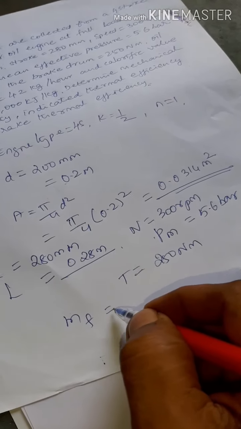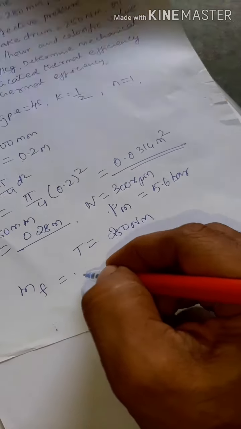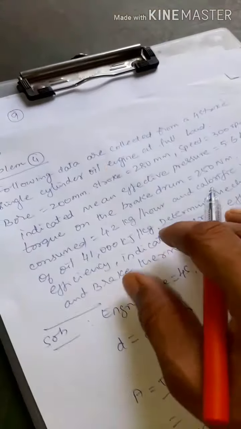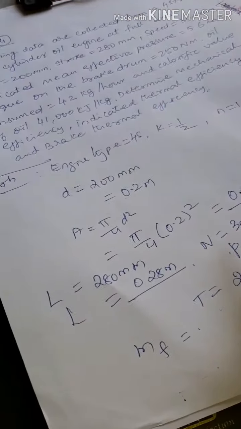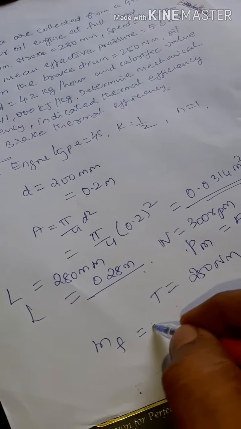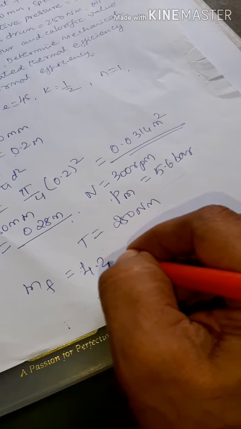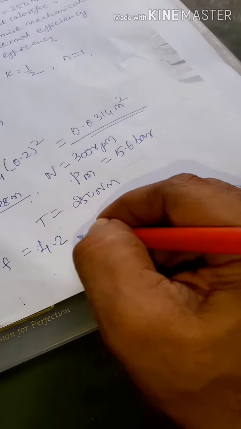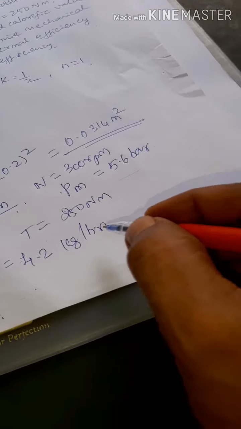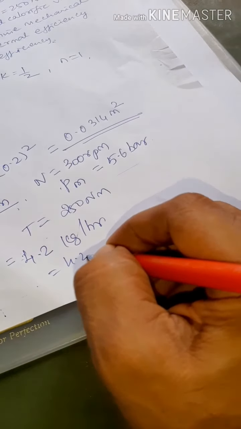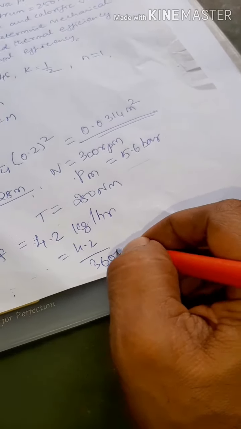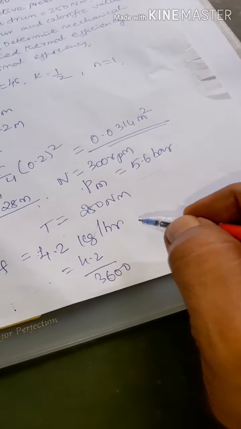MF is equal to 4.2 kg per hour. So 4.2 divided by 3600, then you will get it in kg per second.